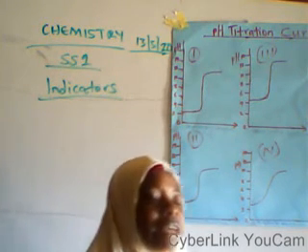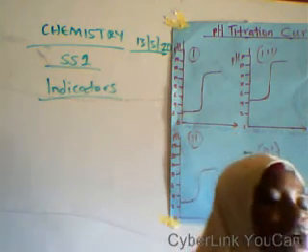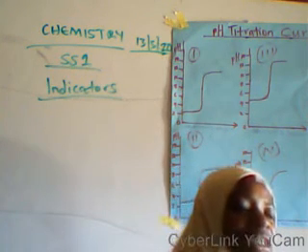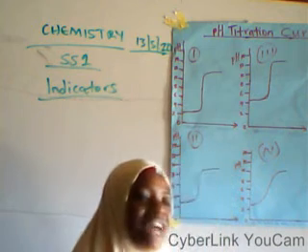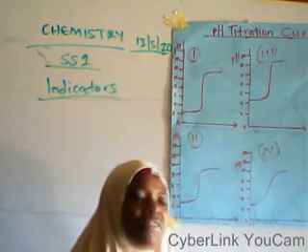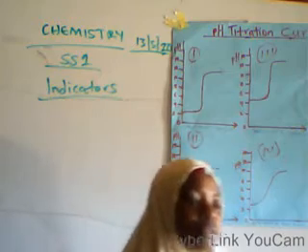We can equally say indicators are weak organic acids or bases that produce different colors according to the pH of that solution.